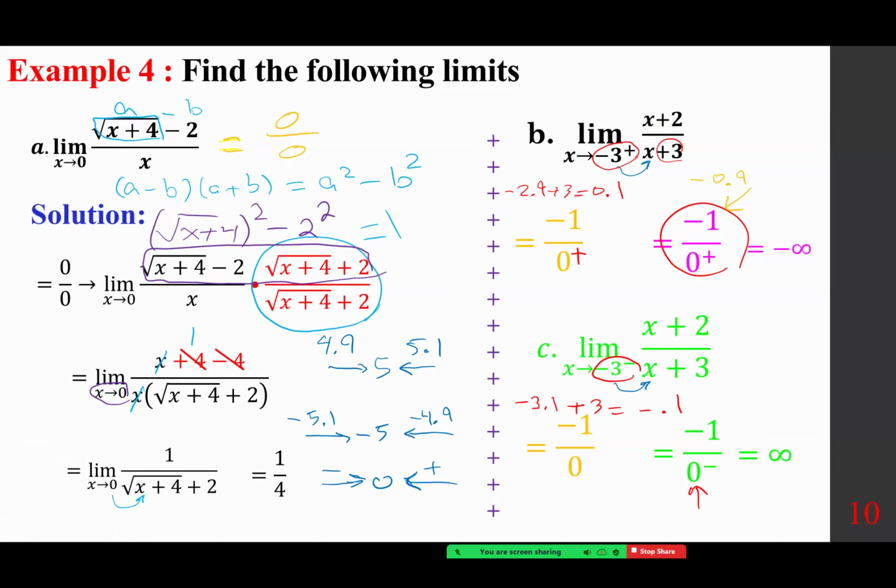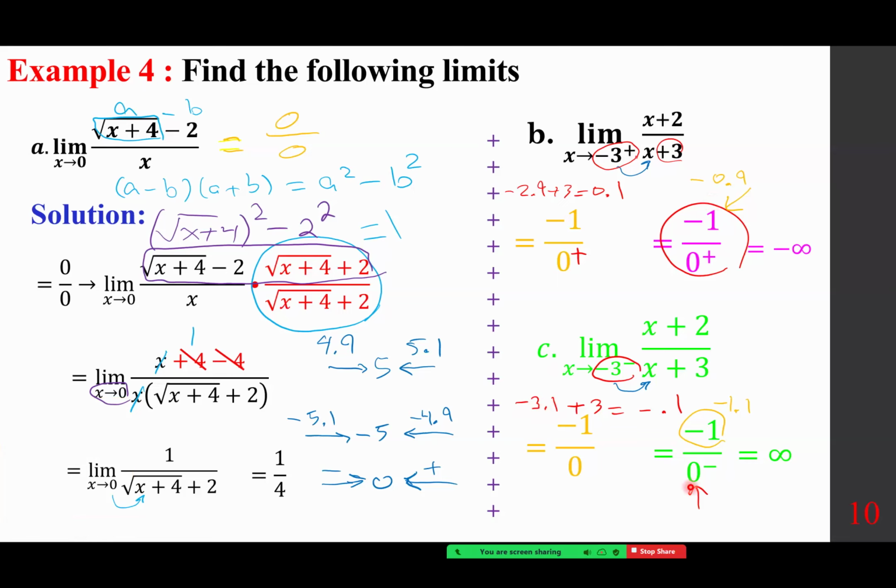Whereas here, we get -1.1 or -1.00001, because remember, this number is way too close to -3. So you have to give it a lot of decimals, -3.0000, so many zeros and then 1. The point being, the numerator is almost -1.